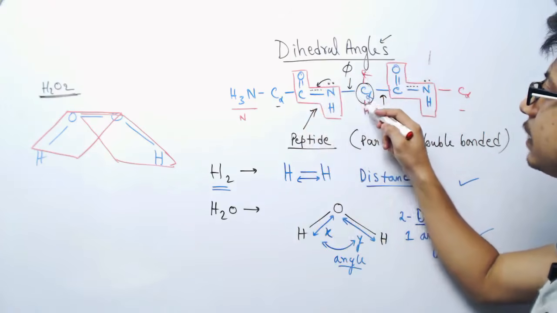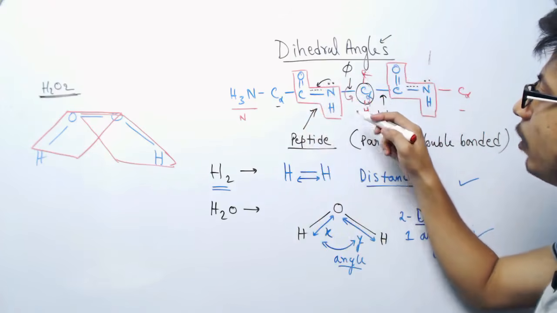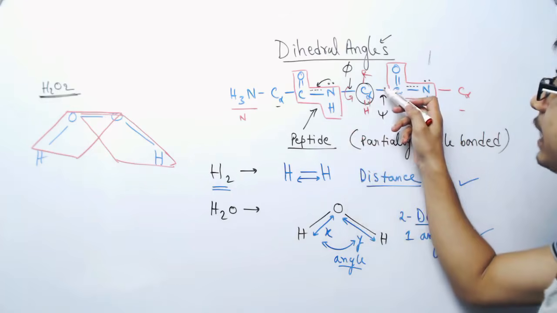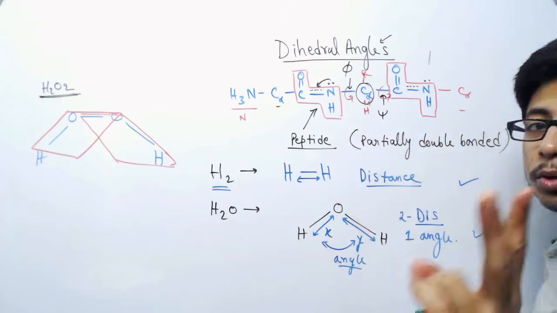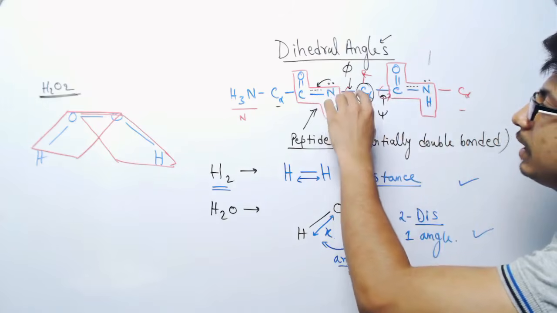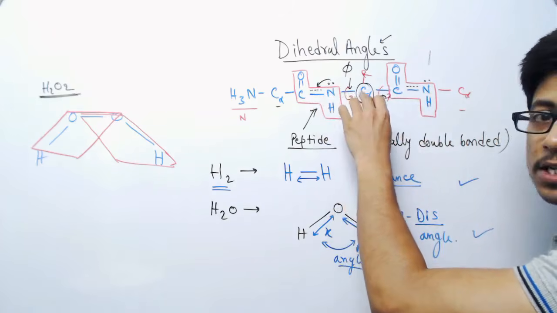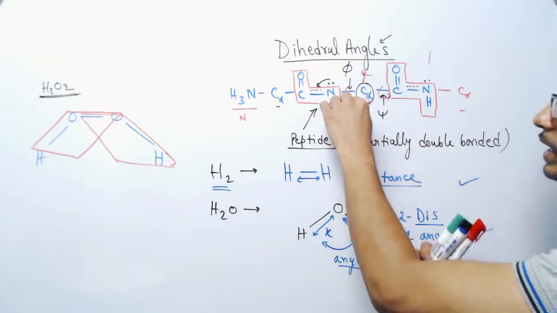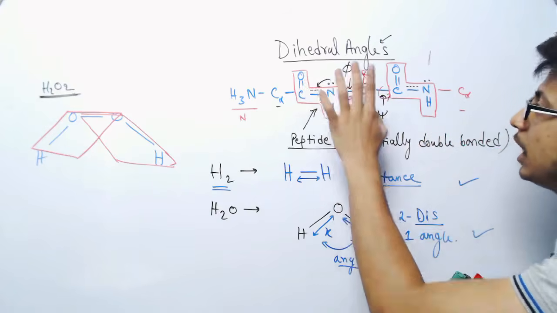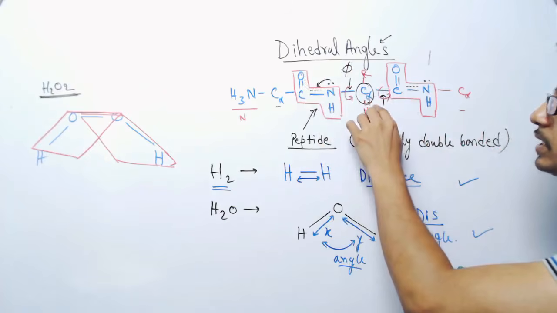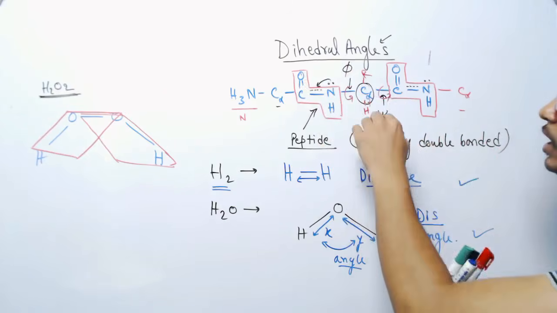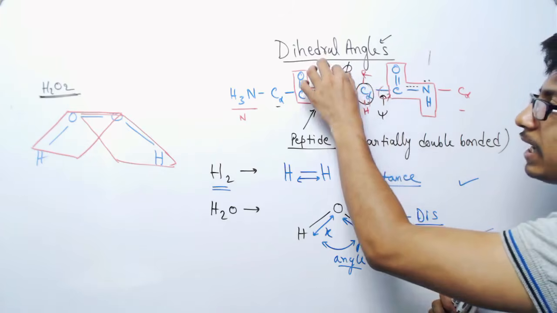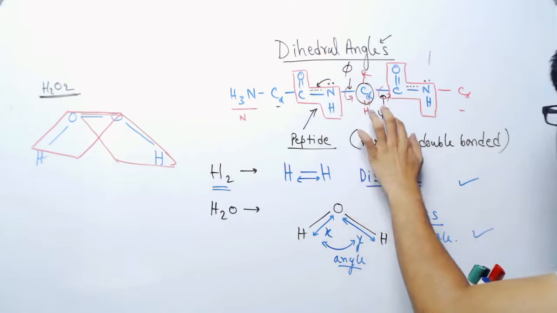There will be 2 planes creating an angle in this bond, and 2 more planes creating an angle in the other bond. So there will be 2 different angles: between N and C alpha, 2 different planes create an angle known as the phi angle, and between C alpha and C, 2 different planes create another angle known as psi. So the phi angle is in the phi bond, and the psi angle is in the psi bond.